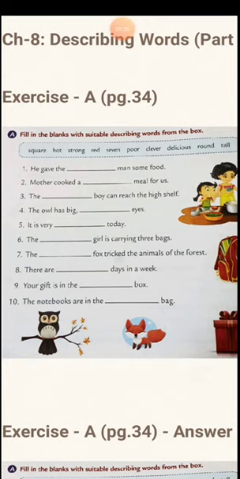Okay. Number 1, he gave the dash man some food. Can we use square man here? No. Hot man? No. Strong man? But how can we give food to a strong man? Doesn't make any sense. Red man? No. 7 man? No. Poor man? Yes.